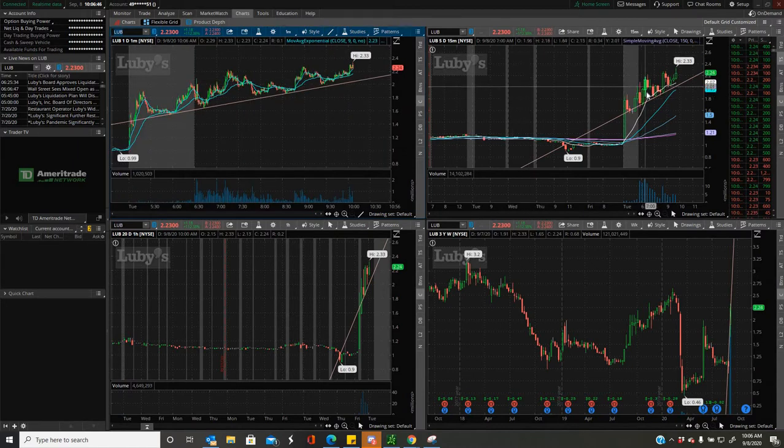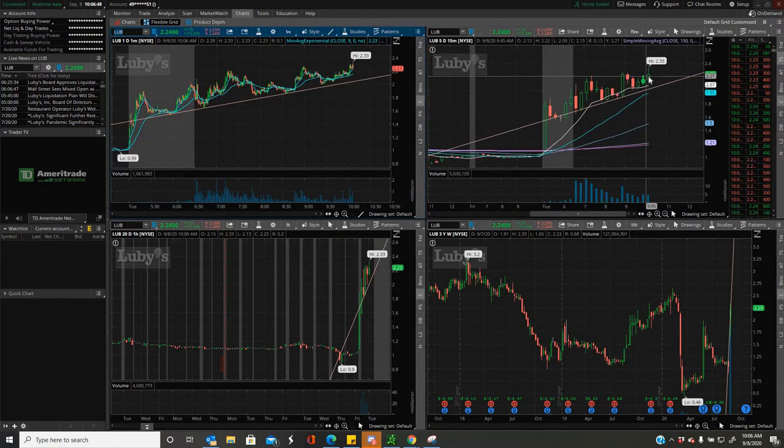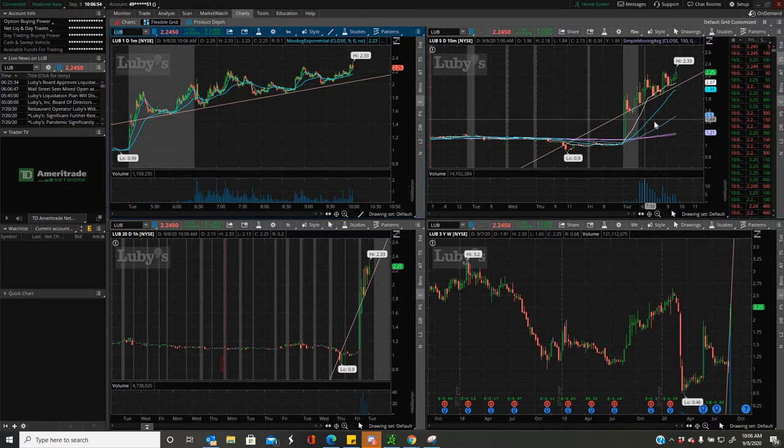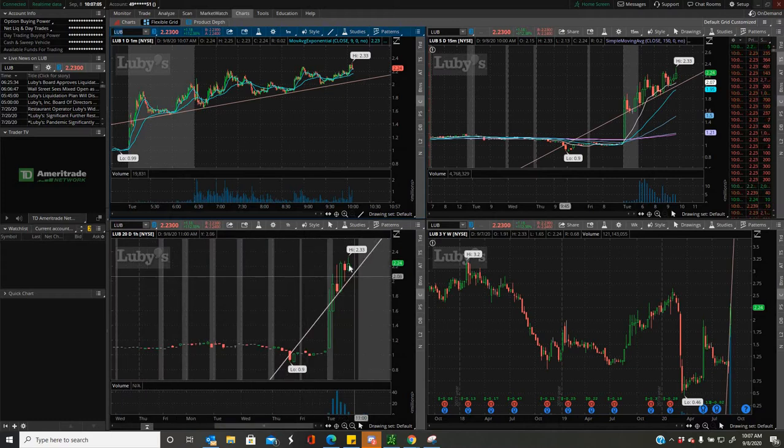You've got your 5 day with 15-minute candles. So each of these candles is 15 minutes of time, right? Each of these black spaces is 1 day. Then down here on the bottom left, we've got our 20-day chart with 1 hour candles. Okay, each of these candles represents 1 hour.